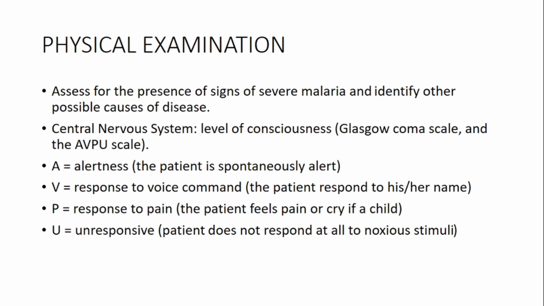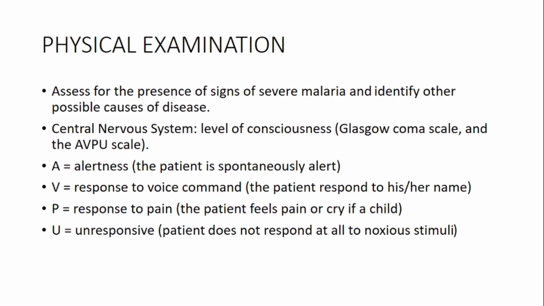However, in low resource settings, or in places in which there isn't appropriate knowledge, one can use a brief assessment called the AVPU scale, and this will help to know if this patient is alert and communicating freely, or if she just responds to voice commands, if she only responds to pain, or if the patient is unresponsive.